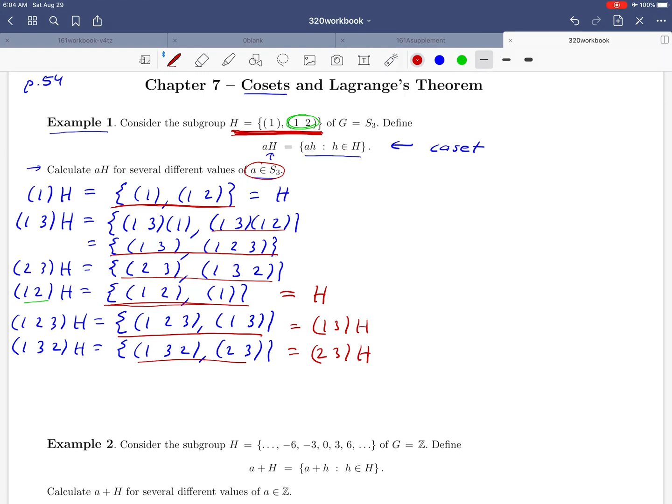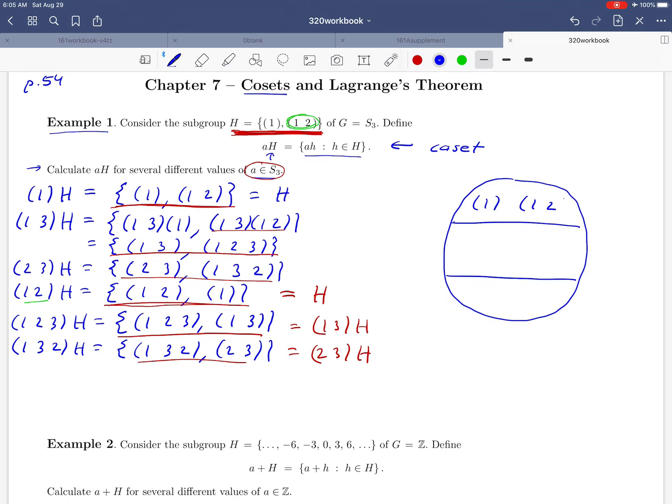We can draw an interesting diagram just to illustrate the behavior of these cosets. This is going to be what we call a partition. You might remember this term when you talked about equivalence relations, maybe in previous courses. I'm going to split this into 3 pieces because we got 3 distinct cosets, and then just write down the elements in each coset. One of our cosets contained 1 and (1 2). The second one contained (1 3) and (1 2 3).